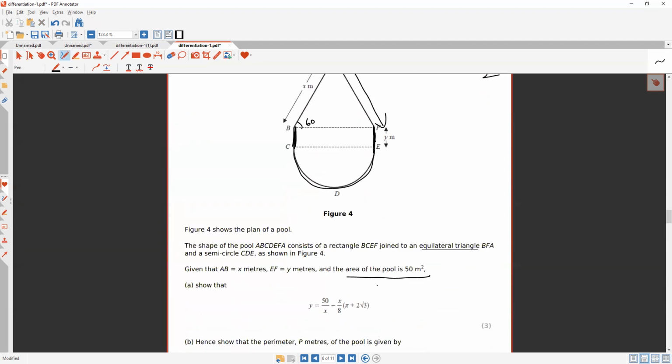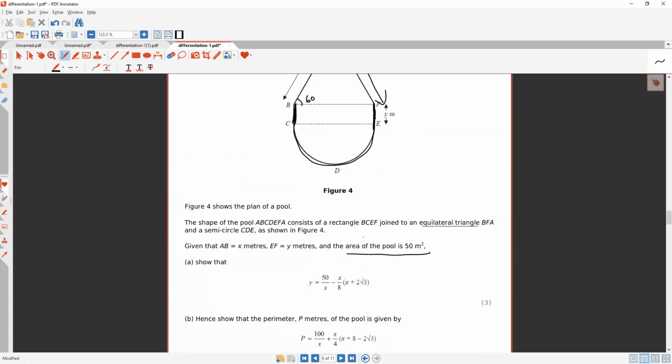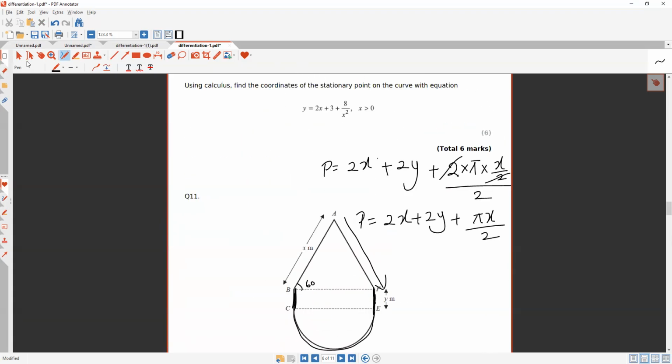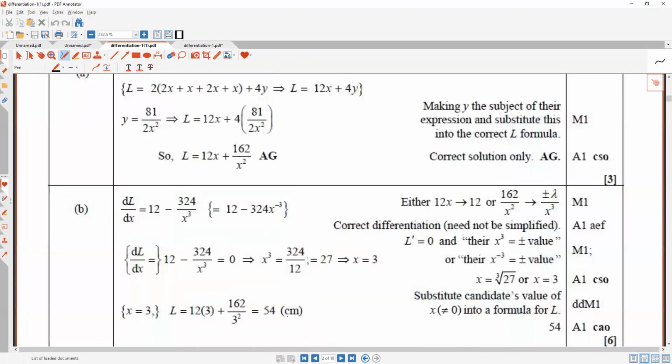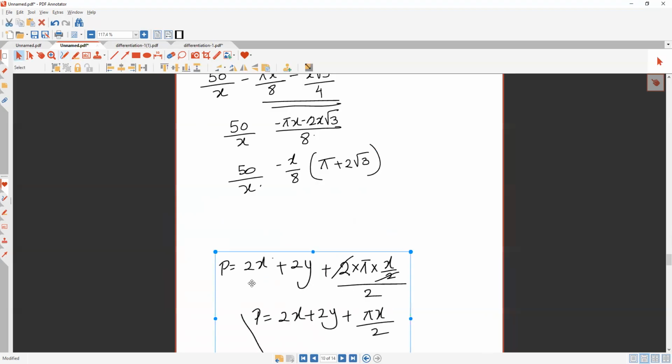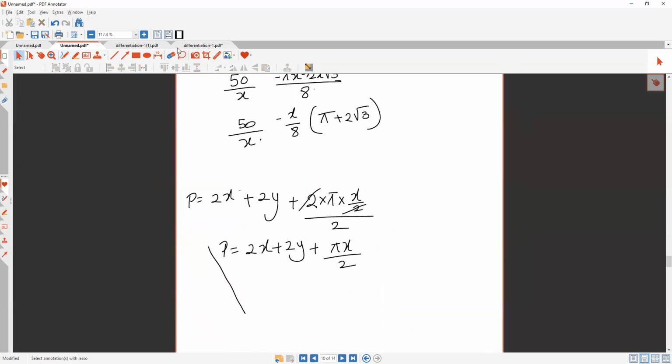But in your main equation, y is not there. That means you have to make y the subject of the formula. Let me copy paste this to the previous whatever we were doing. So paste. This is my perimeter. What was this, by the way? Area, no? No, this was area. And this was equal to y.